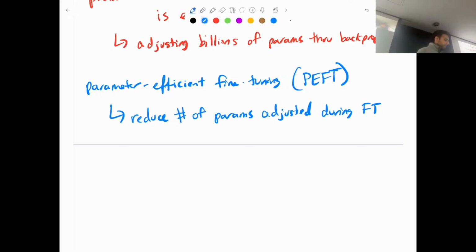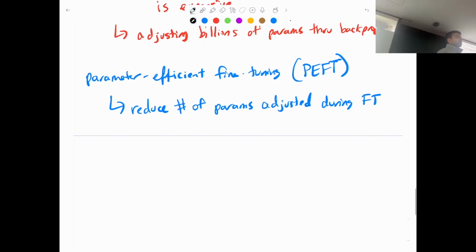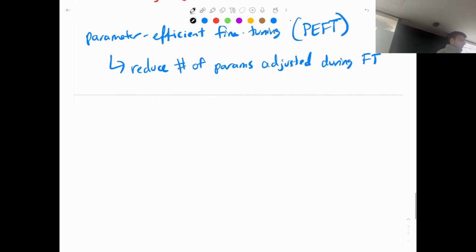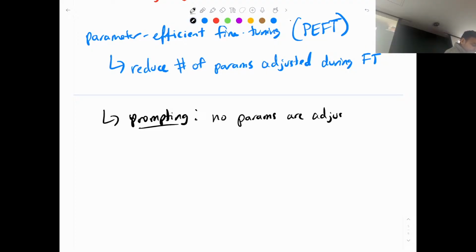We'll start with probably the simplest and cheapest, but also worst performing one, which is simply prompting. So here, no parameters are adjusted, which is a huge win.